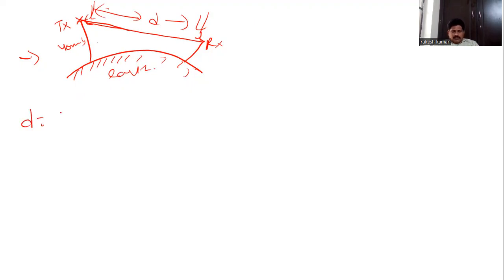The formula for D is 4.12 into root of HT plus root of HR. This is in kilometers.